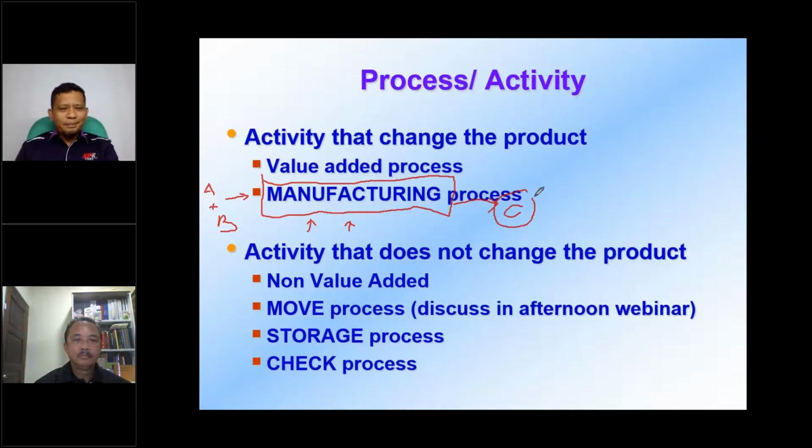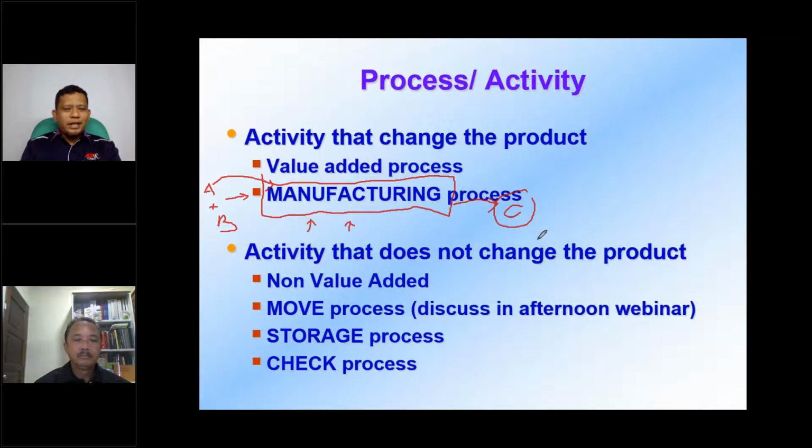Other than that, for example, when we want to feed this chemical A into the reactor, this is actually a process that doesn't change the physical or the characteristic of the product.